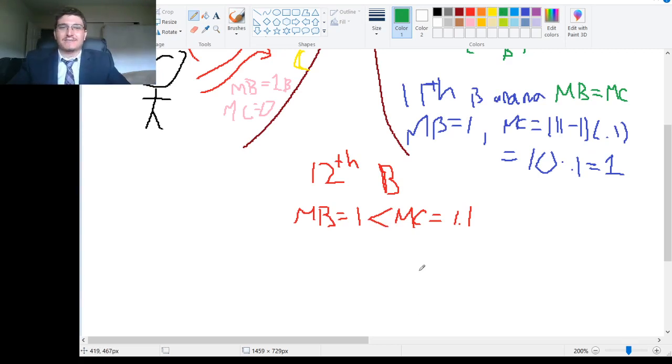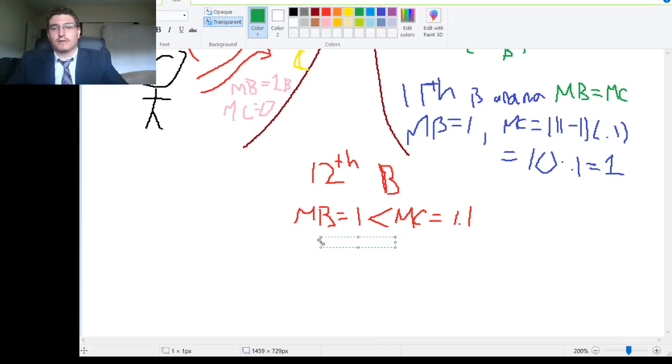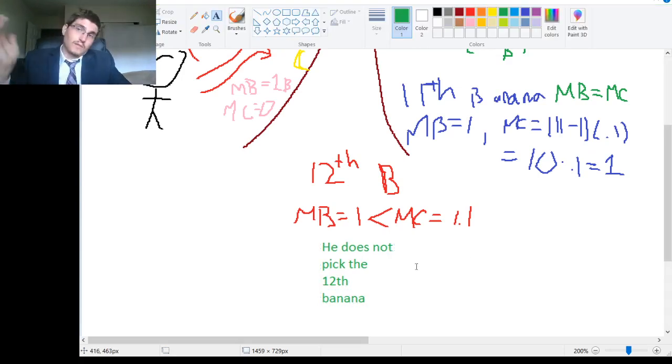It's technically a marginal banana because the margin term here is banana. Anyways, it's going to be more costly than it is beneficial for him to perform this 12th activity, so he's not going to do it. He's going to say, okay, I'm going to pick 11 bananas, and then I'm going to call it quits for the day. So he does not pick the 12th banana. And that's your marginal analysis in very basic terms, which is really all we're going to get into.